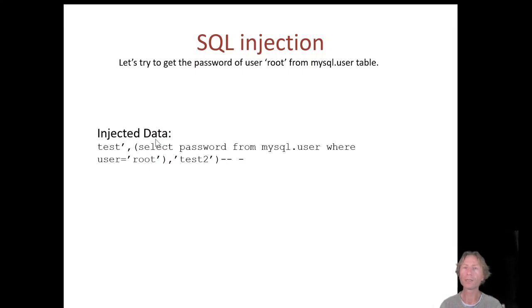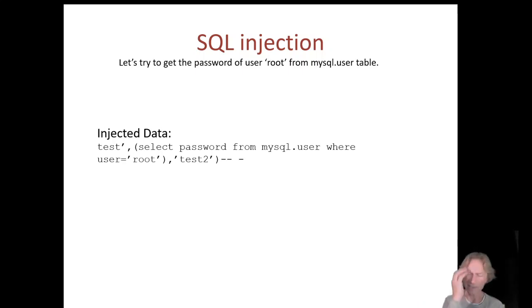For instance, ignoring the name field again, we can have a subquery that selects password from MySQL user where the user equals root. Okay, and then we're going to provide the third parameter, which was for the comment, and then we have this dash dash space dash to ignore everything else that follows.